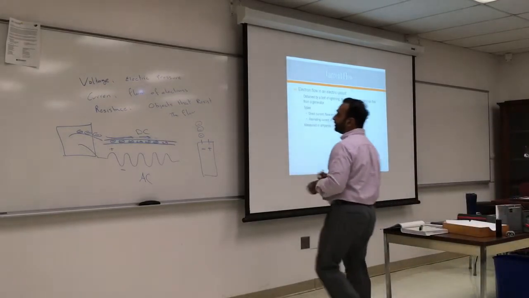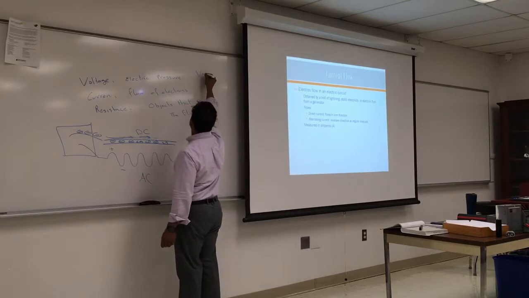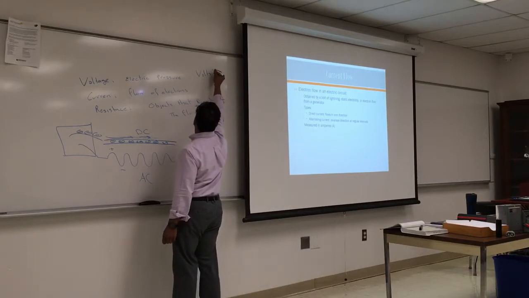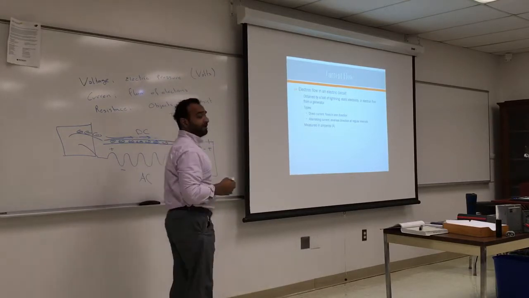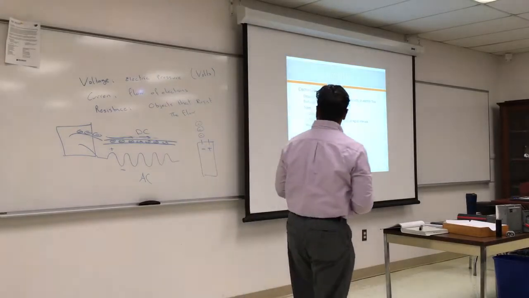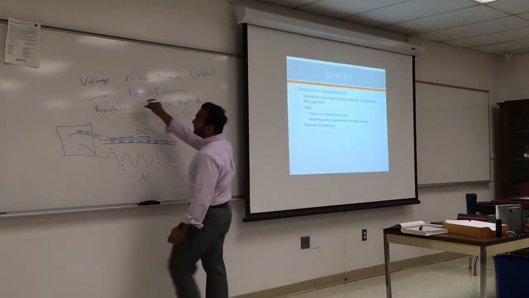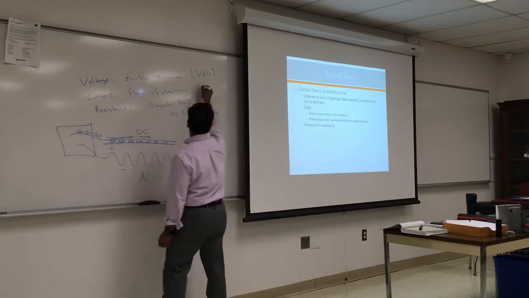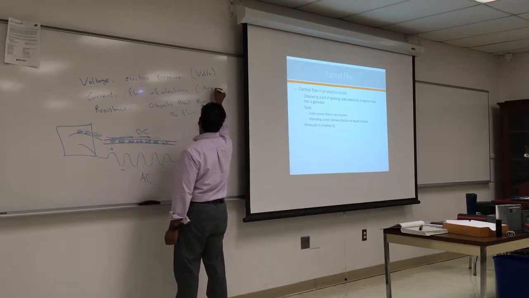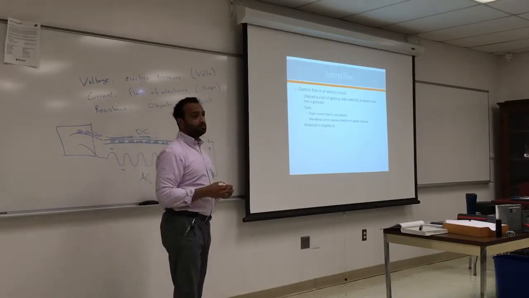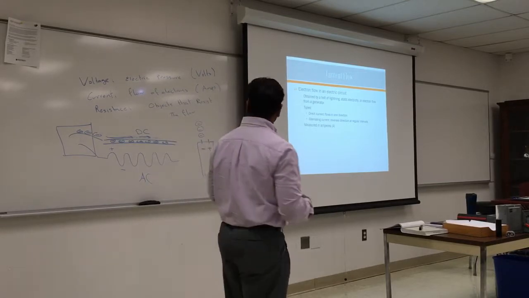So the unit of voltage is volts, named after an Italian scientist called Volta. The current is amps, or ampere, the scientist Ampere.